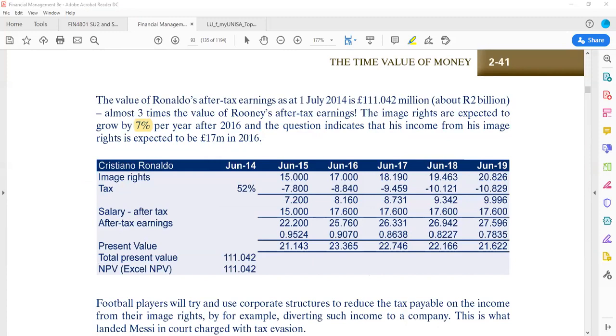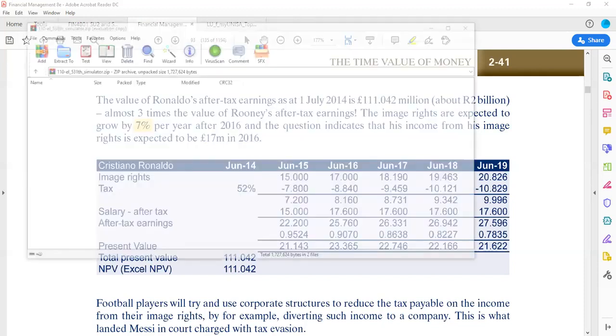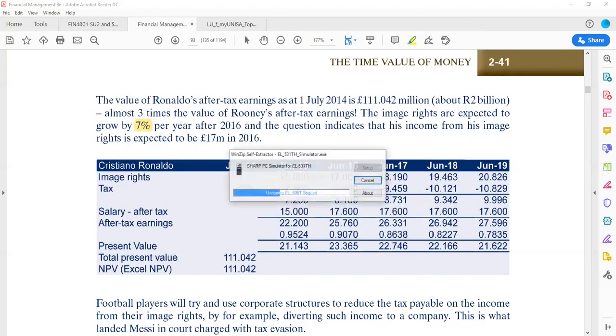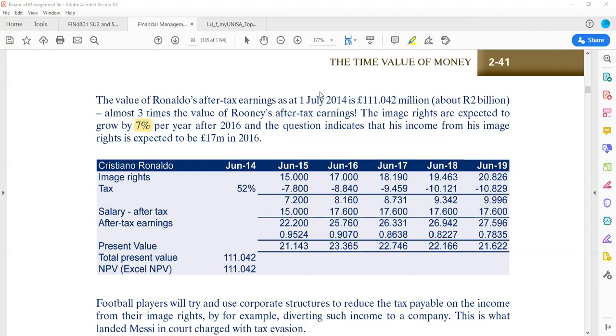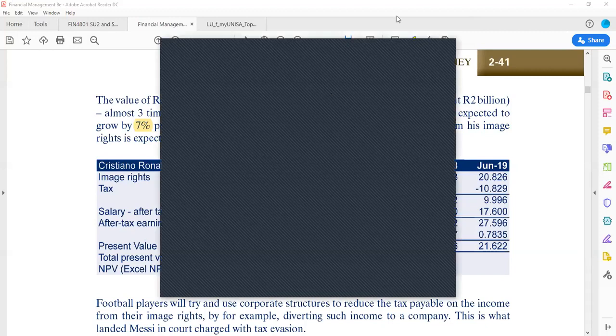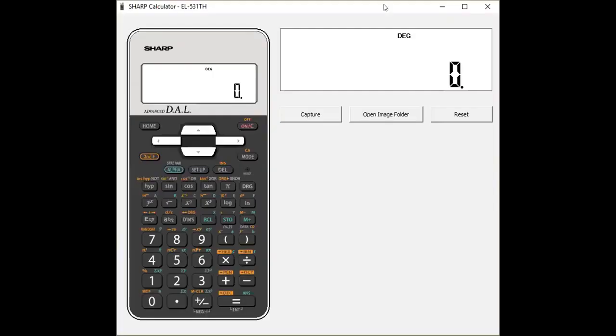Maybe let me just illustrate how you would increase that, just to help you see how it would actually work. I'll just put up a calculator here. So this is how we would increase those amounts. It's important to know how to increase amounts, right?